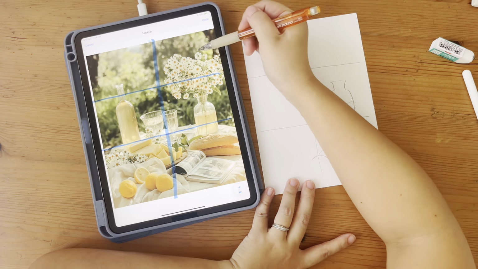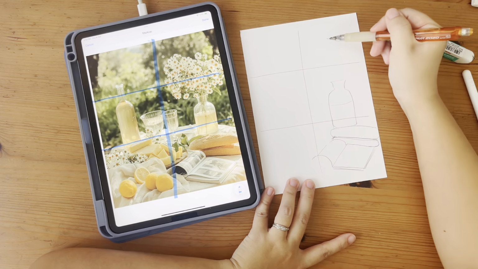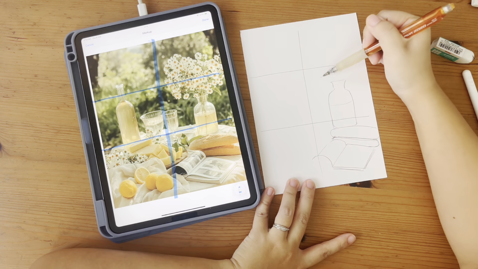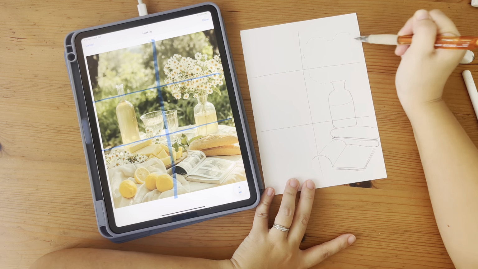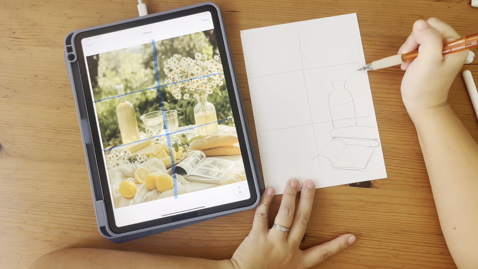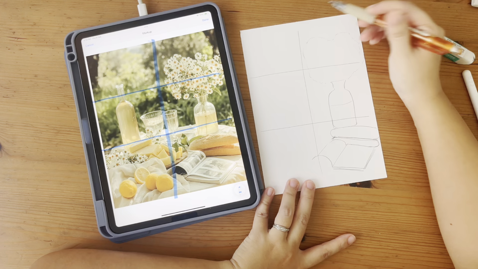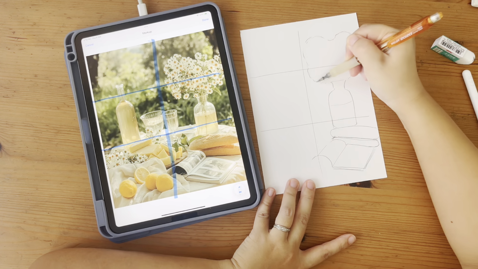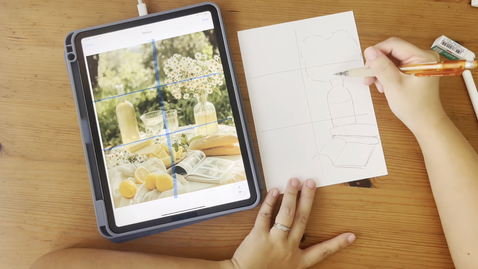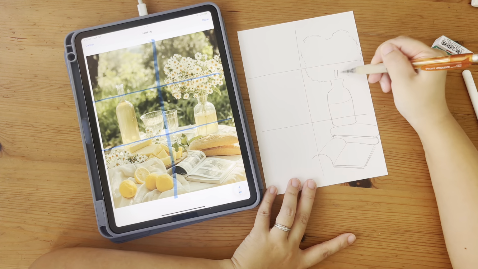It goes all the way towards the middle of this top box. So I'm going to draw kind of an outline that reaches around the center of that top box. So this is like the boundary line where the flowers are going to be.